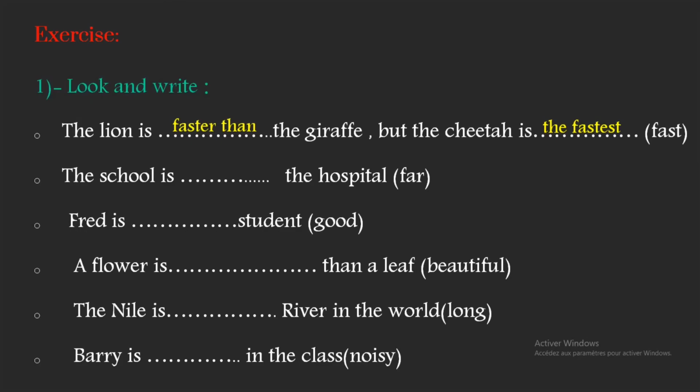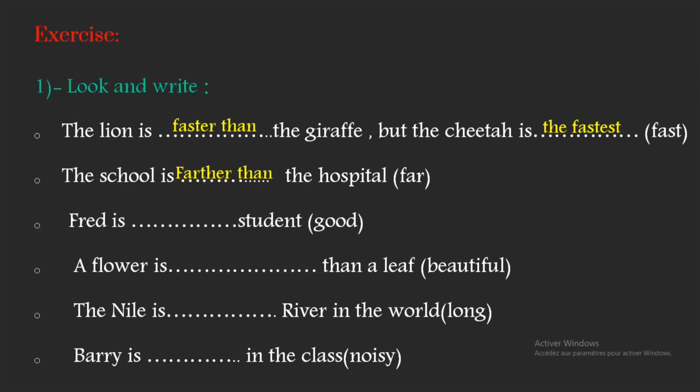For the second sentence, the school is the hospital, and we should use the adjective far. Here we compare the school and the hospital, so we'll use the comparative, and the answer will be, the school is farther than the hospital.